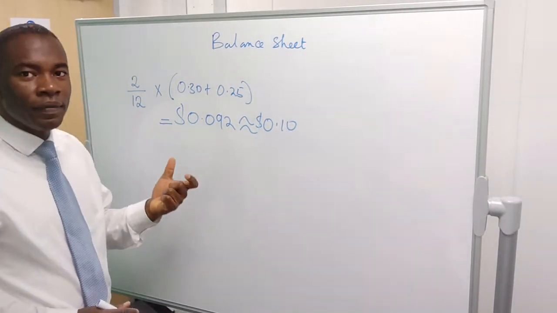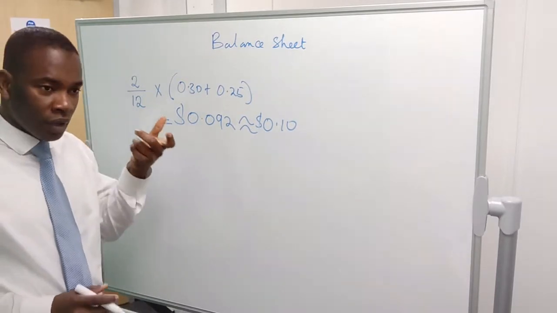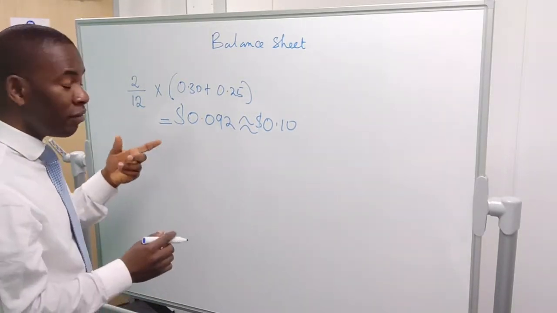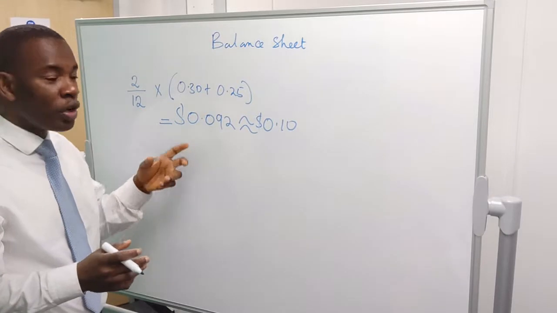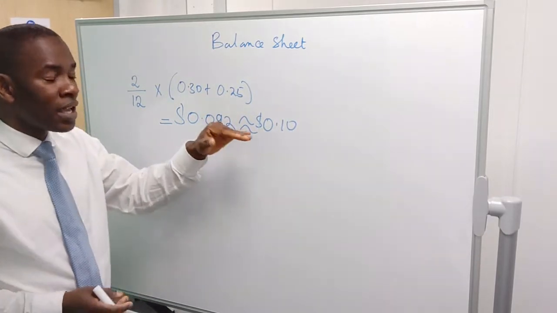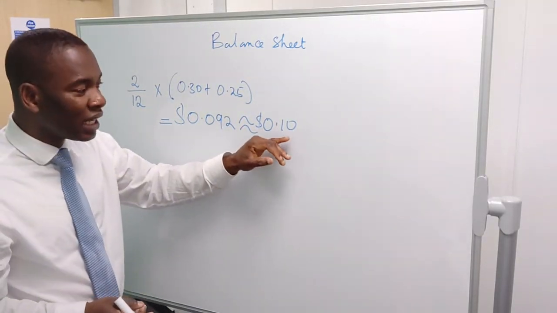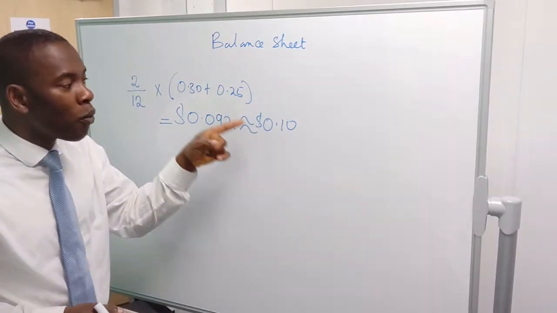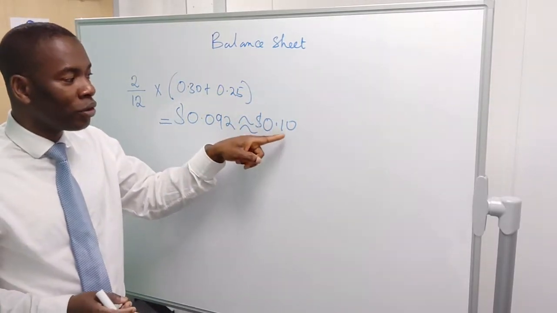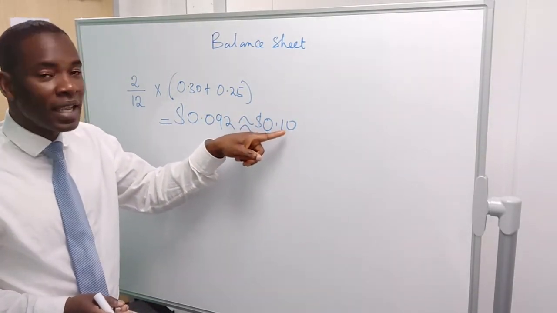We adjust for the income tax. Remember, we paid income tax, so it then means that our net income is going to increase by 10 cents, but we are going to pay tax on this 10 cents.